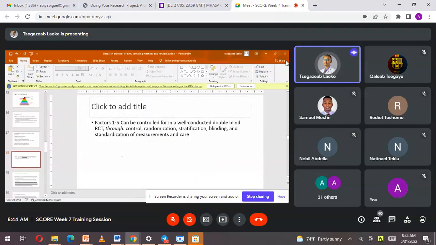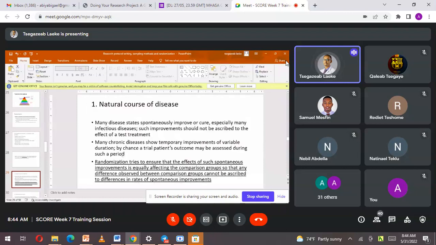As I have been mentioning, factors 1 to 5 can be controlled for in a well-conducted double-blind randomized control trial through control, randomization, stratification, blinding, and standardization of measurements and care. Randomization is one of the most important parts in doing a randomized control trial.